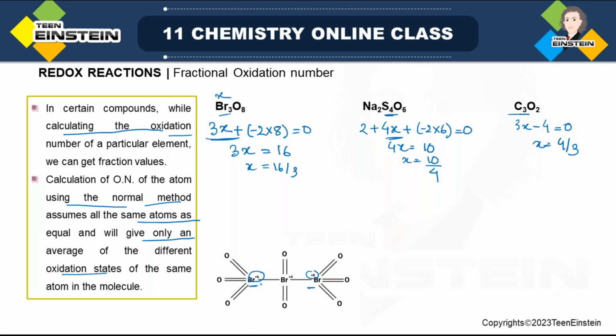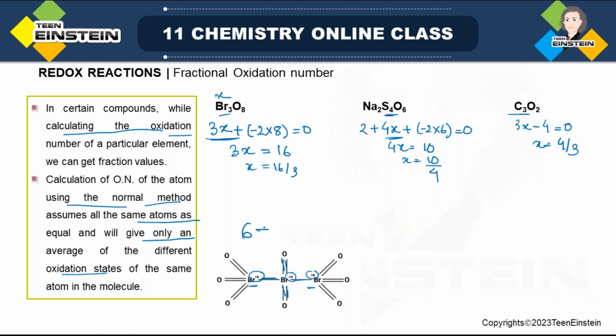Now, what about the bromine-bromine bond? For that you don't have to consider any oxidation number because it is a bond between the same element. That is why it is +6 for the terminal bromine. The middle bromine has 2 Br-Br bonds, but for these 2 bonds there is no contribution. You don't consider anything. But there are a total of 4 Br-O bonds, so that is why it is +4.